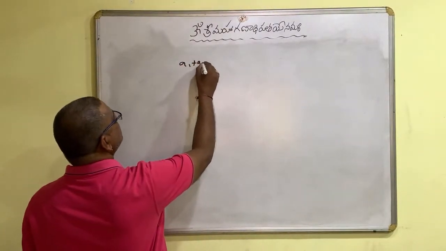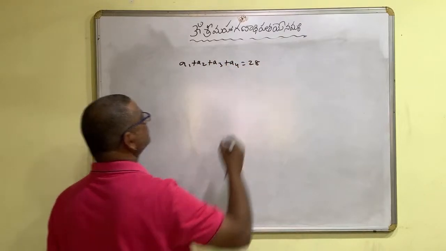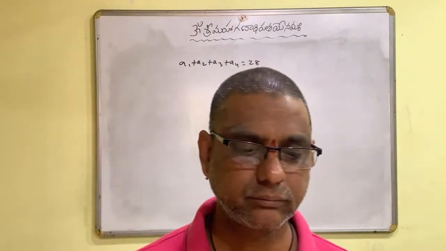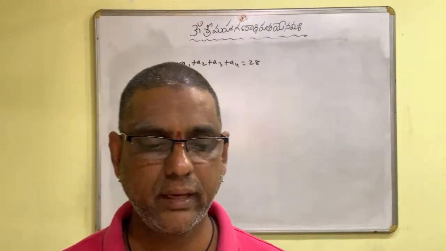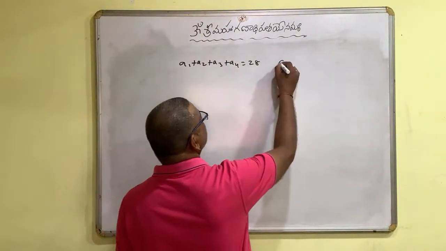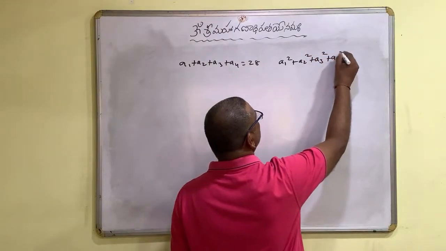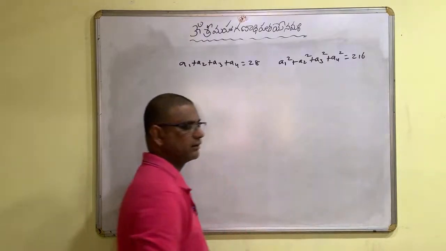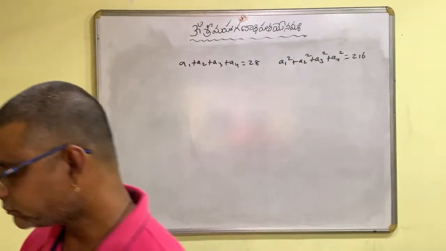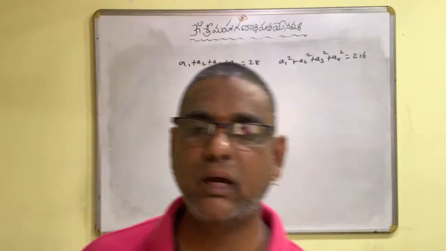Given a1 plus a2 plus a3 plus a4 is 28, where a1, a2, a3 are in AP, and the sum of whose squares means a1 square plus a2 square plus a3 square plus a4 square is 216. This is what is given. And what we have to find out? We need to find out all the 4 terms.